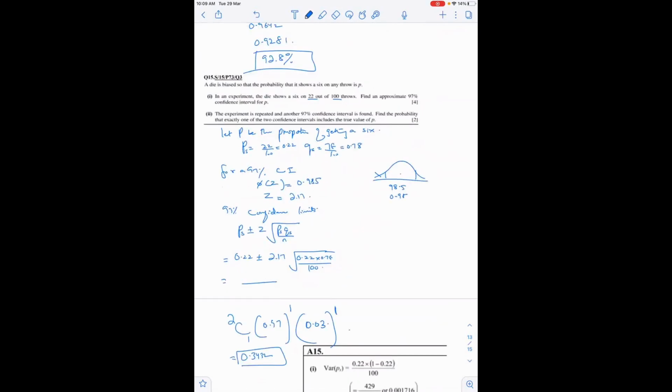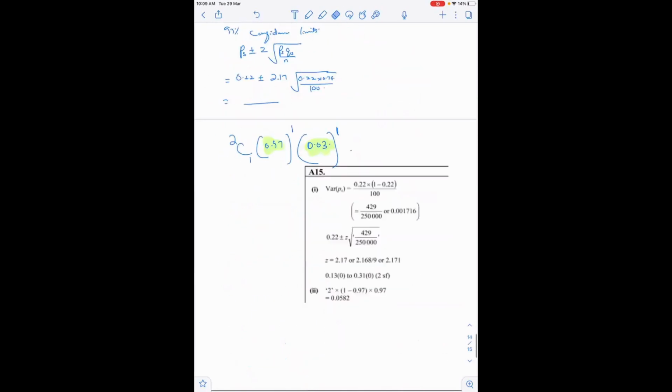So there is a 97% chance. Because a 97% confidence interval means there is a 97% chance that it will include the true value. So obviously the probability of success will be 0.97 and failure will be 0.03. Okay, so this will be the answer, 0.0582.